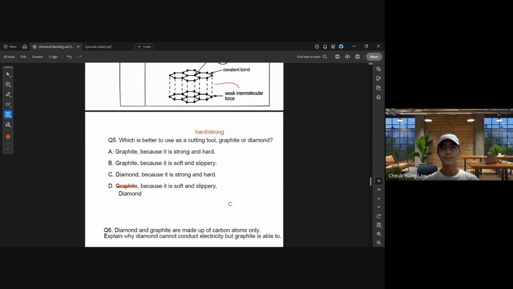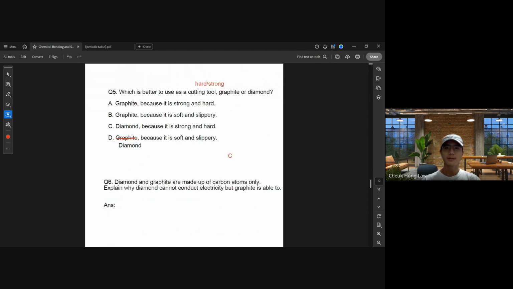Because it has strong covalent bonds between the atoms, which require a lot of energy, a lot of force, to overcome. That's why diamond is strong and hard. Graphite is soft and slippery because it has weak intermolecular forces between the layers, so it's easy to slide past one another. So the answer is C, diamond, because it's strong and hard.